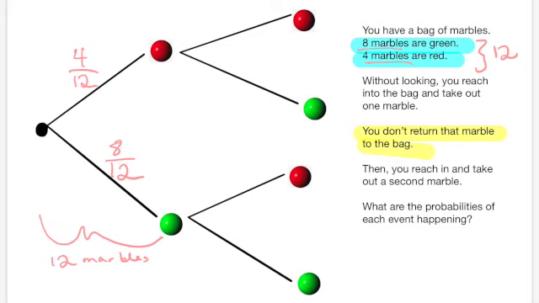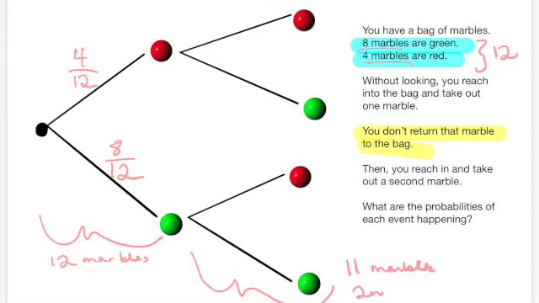But what's important to notice here is that in our second event, or the second stage of our experiment, if you want to say, you kept this marble out, whichever one it is. If you got green or red, you held it in your hand, and now there are only 11 in the bag. So for this second event, there are only 11 marbles.